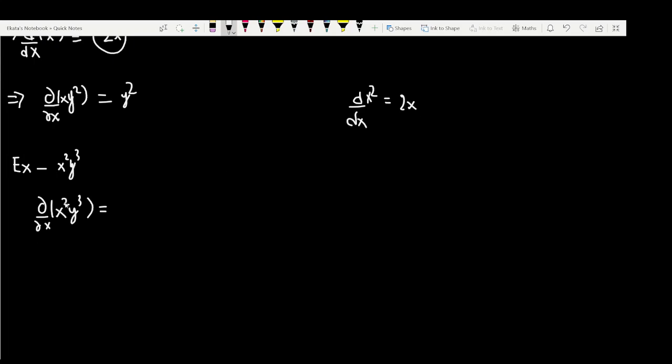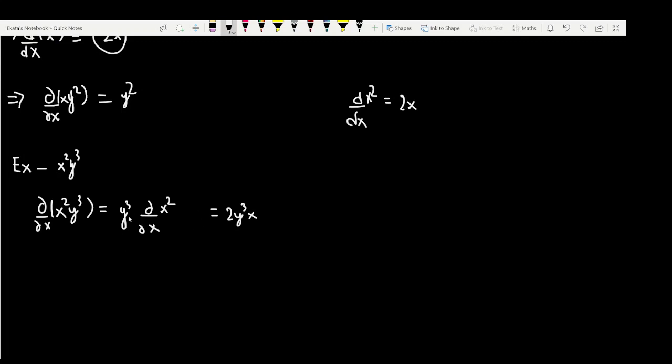If someone asks you to differentiate with respect to x only, you will keep y cubed constant. It means you take y cubed outside the operation, operate del by del x only on x squared, and this becomes 2x y cubed.